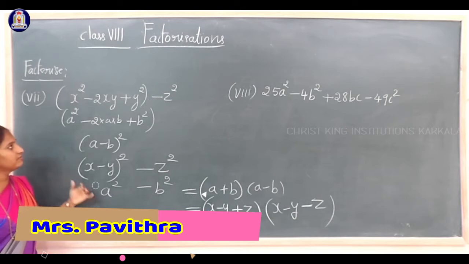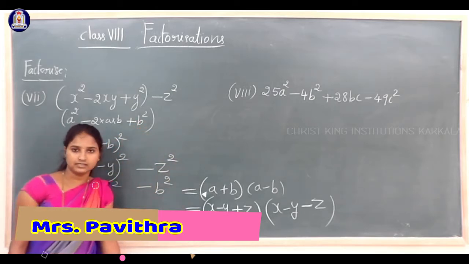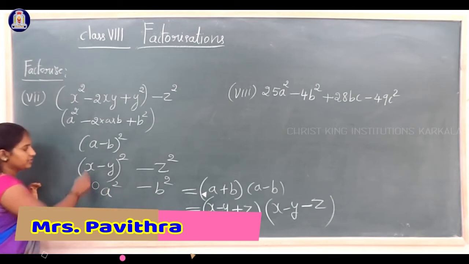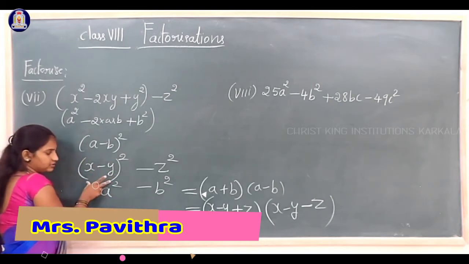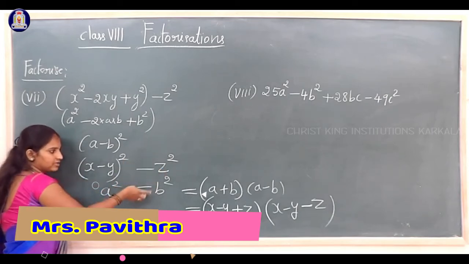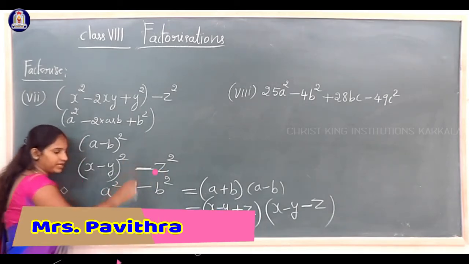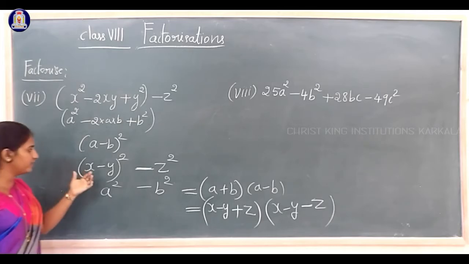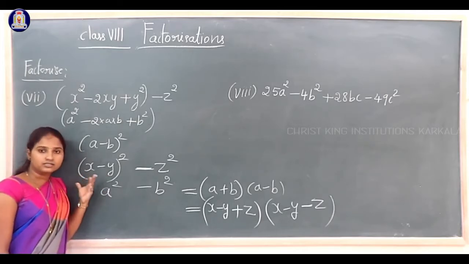Clear? So we have to see whether we can write it in the form of the first or second or third identity. So minus z square as it is. If you observe here, x minus y is one term and z is another term, and the square is given and in between the sign is minus. So here we can use the third identity.